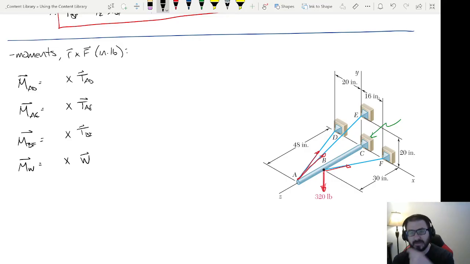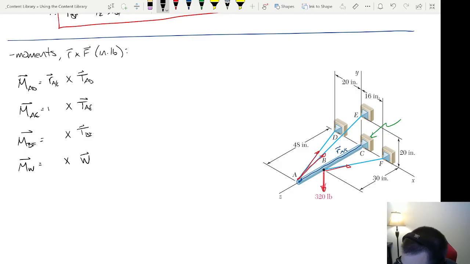For both of the first 2 moments, the AD and the AE, both are going to use that longer position vector, RAC, that we computed a little while ago.